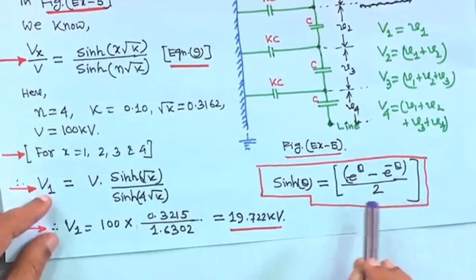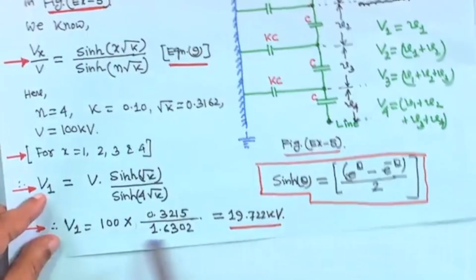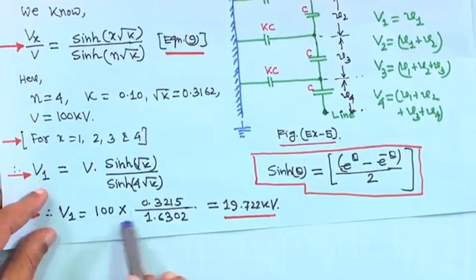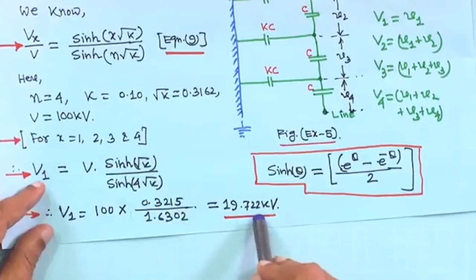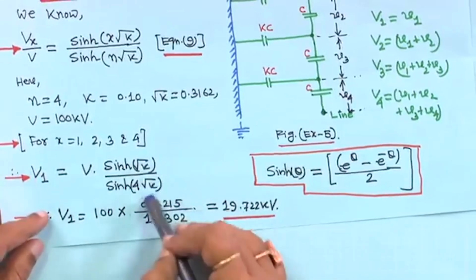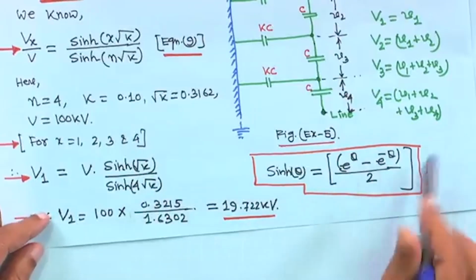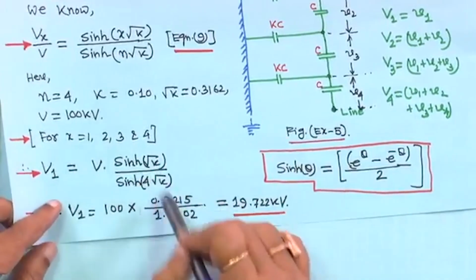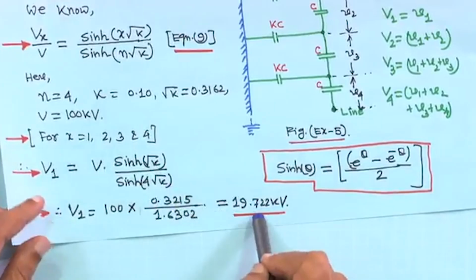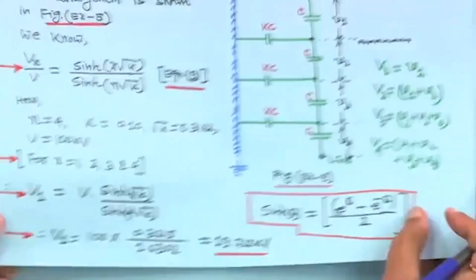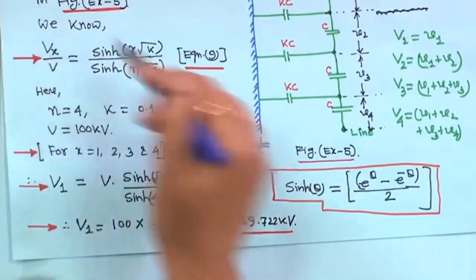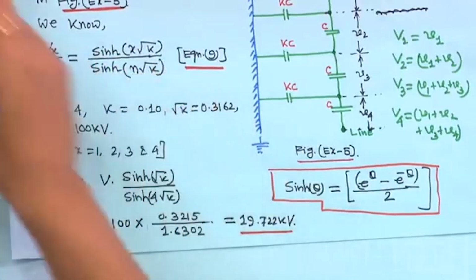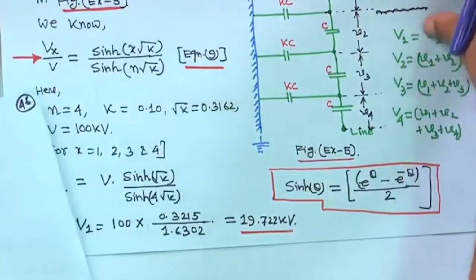Whatever it is, V1 is equal to 100 into 0.3215 by 1.6302, that is 19.722 kV. Directly you can get it from the calculator. Similarly, using the same expression, put x is equal to 2, 3, 4.